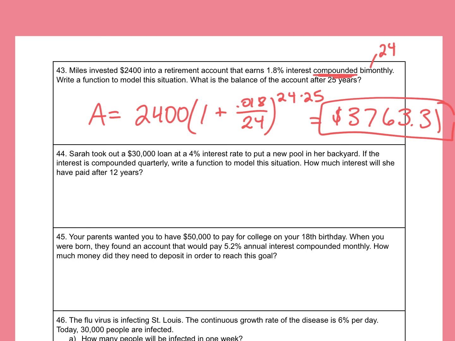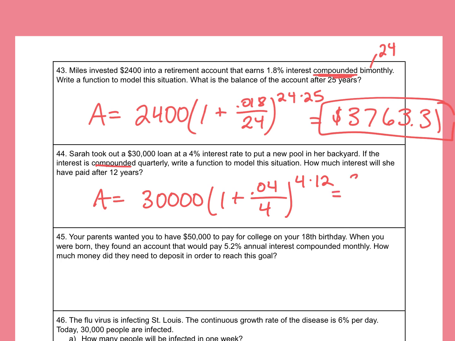Then we've got Sarah taking out a loan at 4% interest to put a new pool in her backyard. That sounds fun. If the interest is compounded quarterly, so again, keyword compounded, write a function. I don't see the word continuous, so I know this one's going to be similar to the last one. So $30,000, 1 plus 0.04 over how many times per year? If it's quarterly, that means 4, to the 4 times 12 years. And when I type that in, I get $617.44.